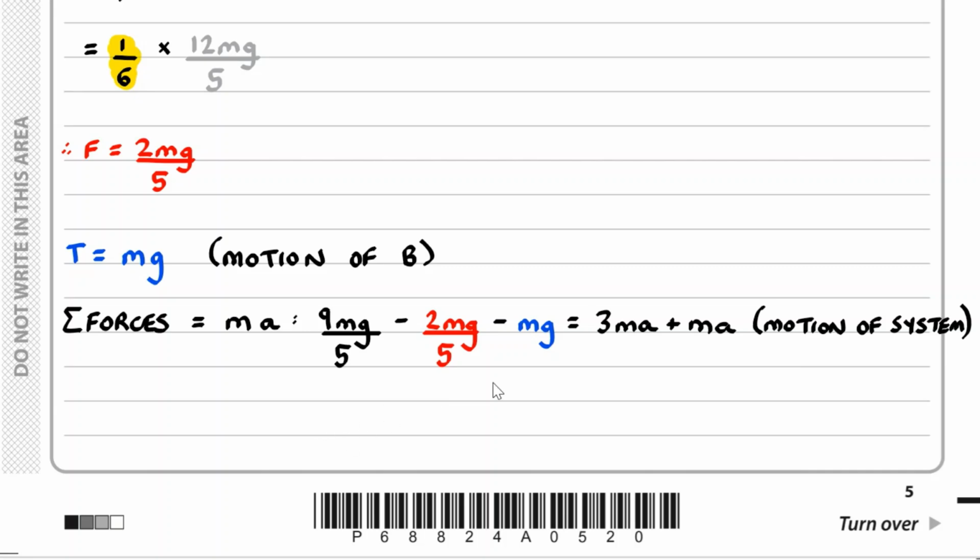So, with the m's cancelling out, we have here 9 over 5 minus 2 over 5 minus 1, multiplied by g. This is equal to 4 multiplied by a.